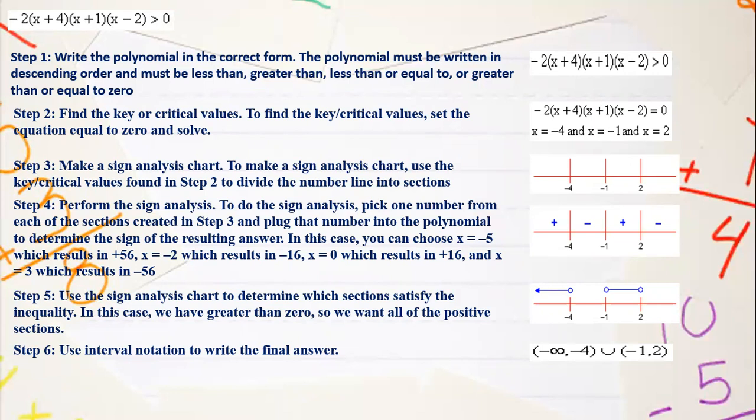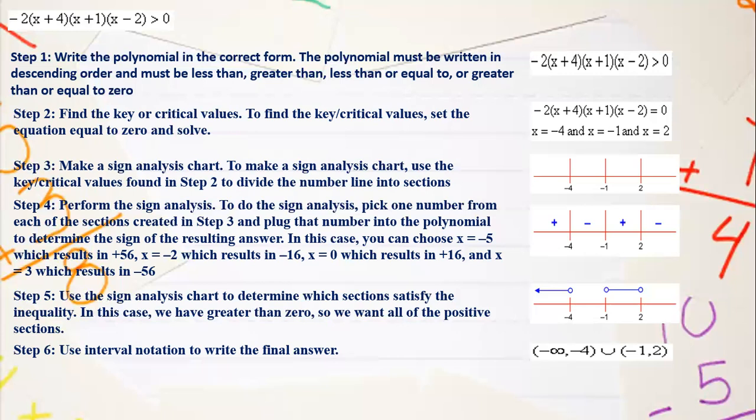In this case, we have greater than 0, so we want all the positive sections. Step 6 would be to use interval notation to write the final answer. So the final answer would be negative infinity to -4, joined with -1 to 2.